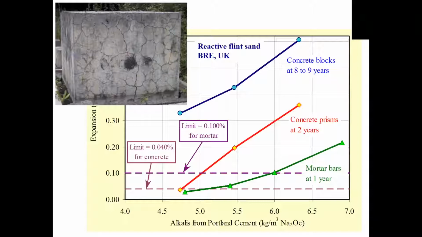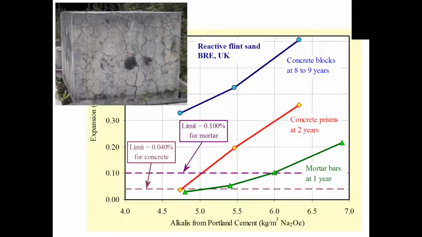Top left you can see a photograph of a large block, and the top line, the dark blue line, shows the expansion of that block at about 10 years as a function of the alkali loading in the concrete from the Portland cement. You can see that we're getting significant expansion even below 5 kilograms of alkali. It was always thought with this aggregate you needed more than 5 kilograms of alkali. Whereas in the concrete prism test, the same mixture doesn't expand at, in this case, 4.7 kilos of alkali. So we're getting a disconnect.